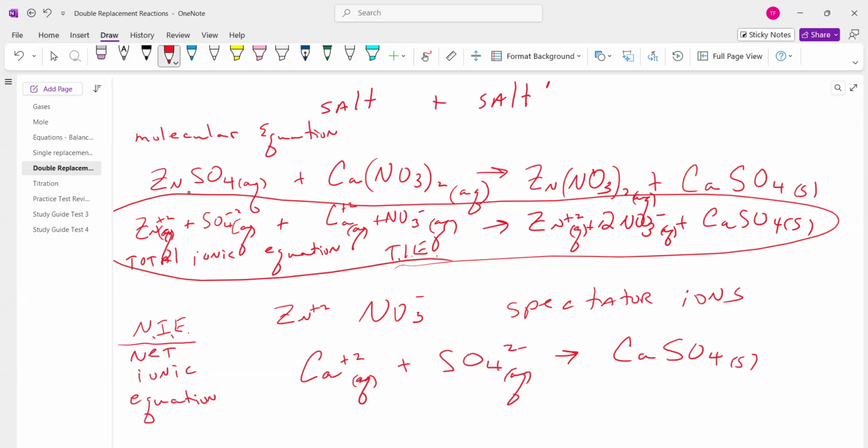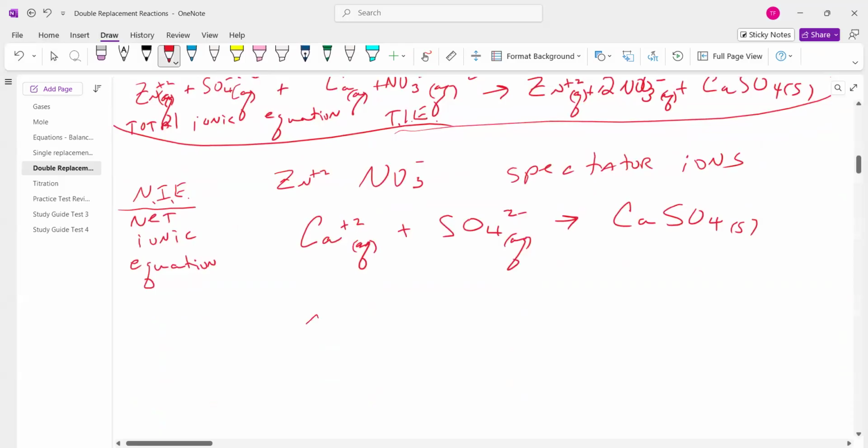And sometimes you dump the stuff together and nothing happens. So that would be a nothing happens, null set. That means everything's a spectator ion. That happens.